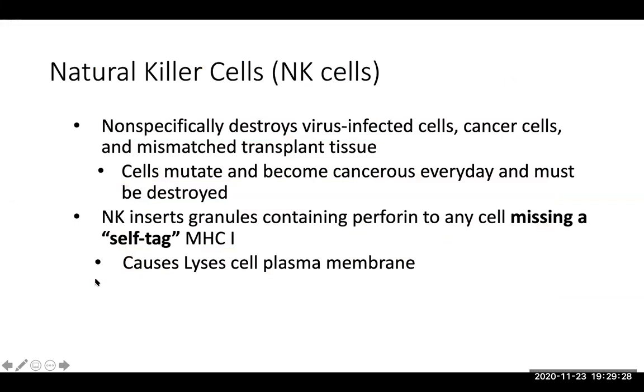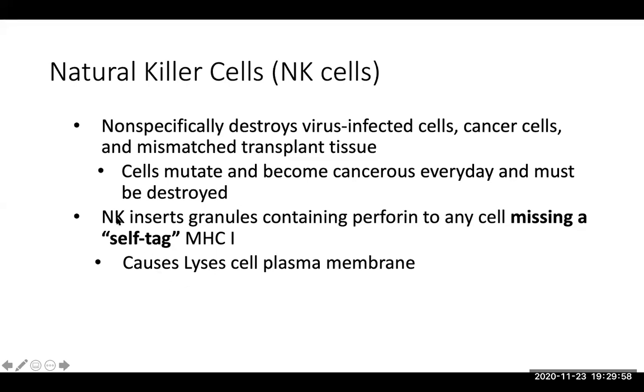Another type of white blood cell of the innate immune system are natural killer cells. These will just look at every cell they come into contact with and make sure that they have a self tag, MHC1. If a cell is missing a self tag, then the natural killer cell is going to insert granules, which contain perforin, which poke holes in the cell and cause it to lyse open.